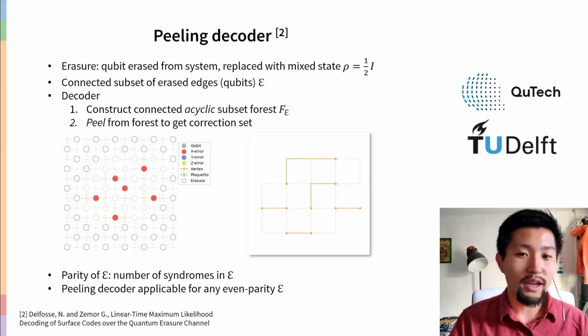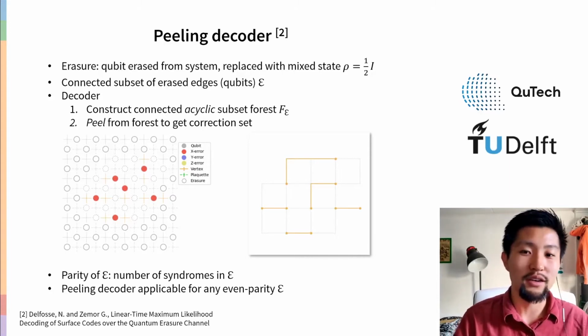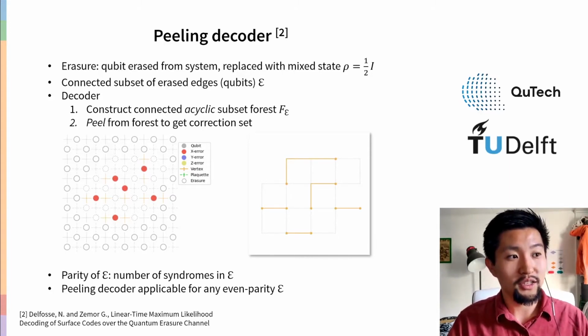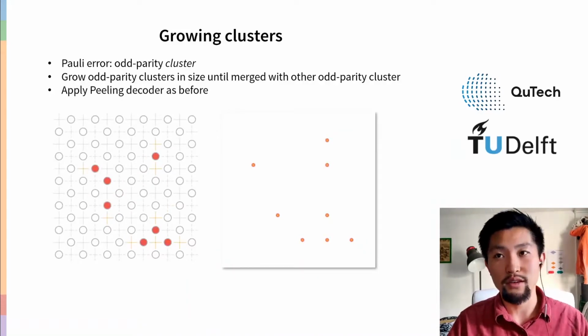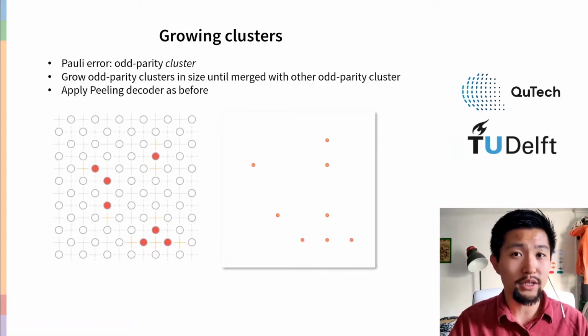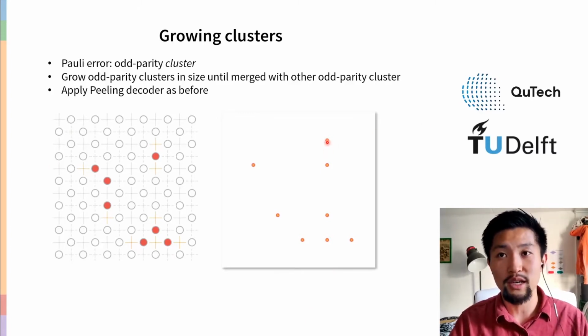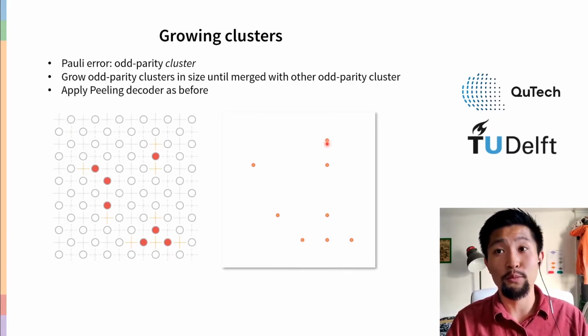So it cannot decode for odd parity clusters, which is the case when you have parity errors. Now, in the context of the union-find decoder or the graph representation, you can view each syndrome, each single point in a single vertex in the graph, as an odd parity cluster.